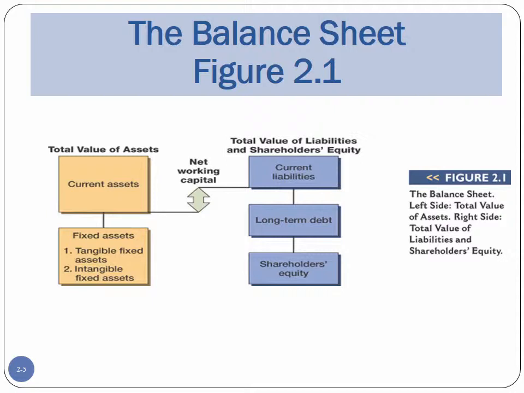There's current liabilities and there's long-term liabilities. And then we have shareholders' equity. So the idea here is to balance these out. These must balance at a given point in time. The value of the assets must equal what is owed to purchase these assets, or what is the ownership share.